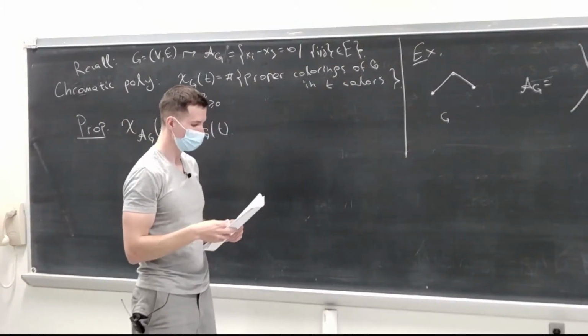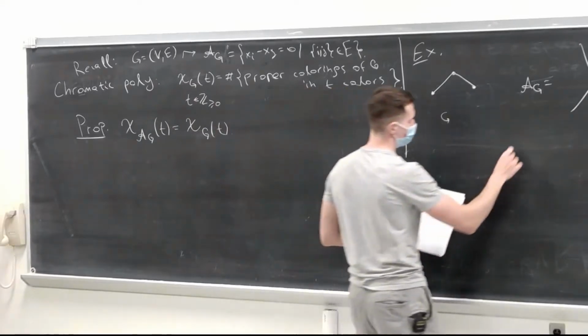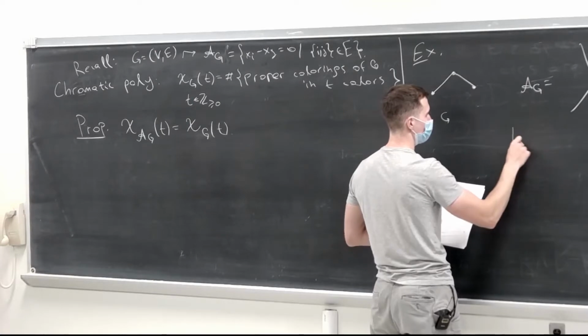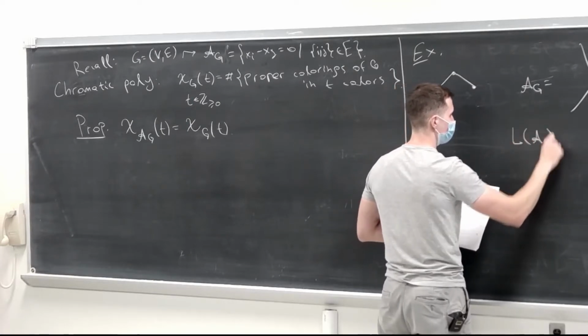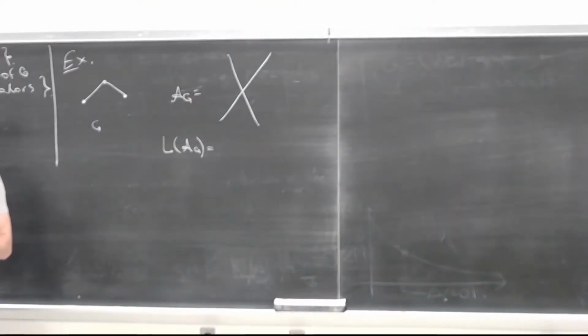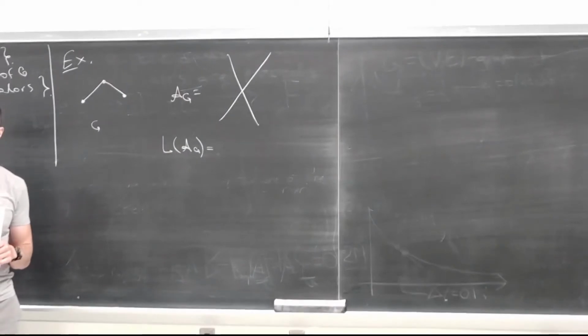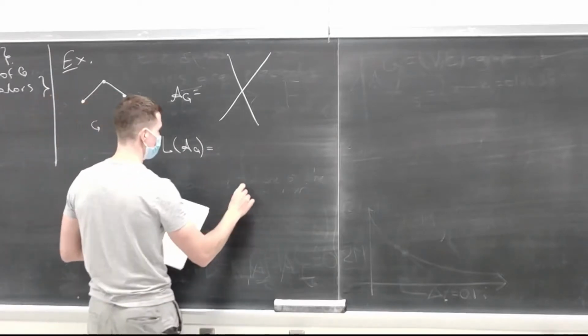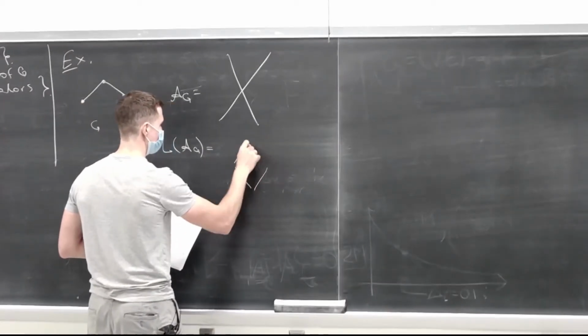And okay, how do I compute the characteristic polynomial of this arrangement? Well, I need to take the intersection poset. What is the intersection poset in this case? Okay, nice. Yeah, so basically it looks like this.